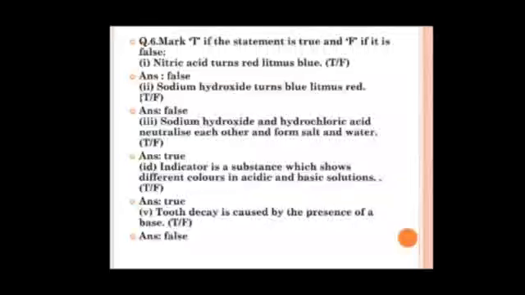So what is given here? Nitric acid turns red litmus blue, and here nitric acid is given. It means it is an acid, but it turns red litmus blue. It is not possible because acids turn blue litmus to red. So this statement is false.